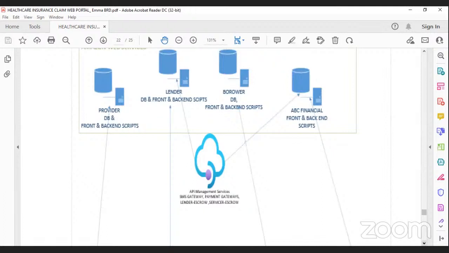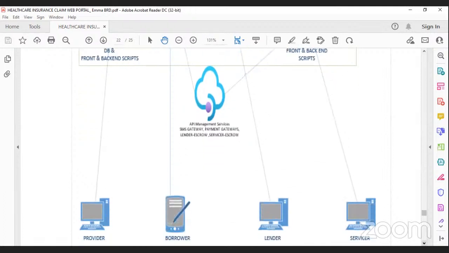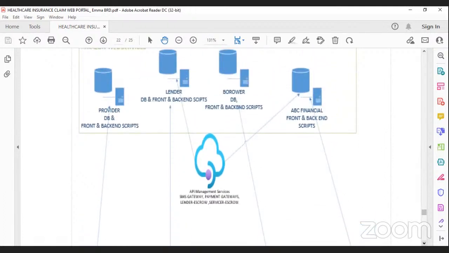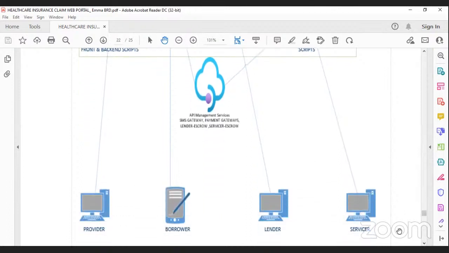So basically the request will just go here. If you are coming in as a lender or as a borrower, the request will go to our database and then our server, and then the request will start initiating. If you upload any document, it's just a prototype of how it's going to be. What will be happening at the front end for a person, and also what will be happening at the back end, basically that is what it's showing. I don't know if you are clear.